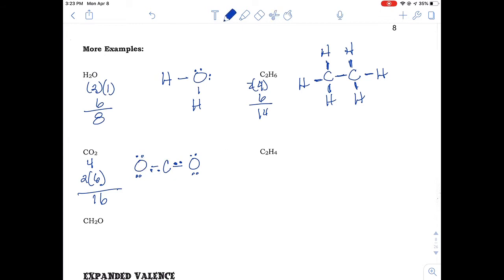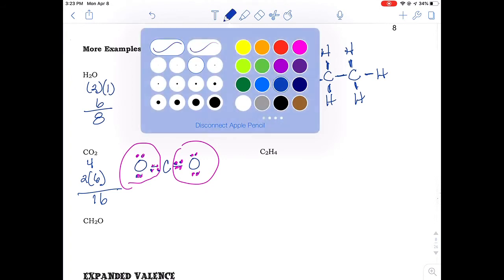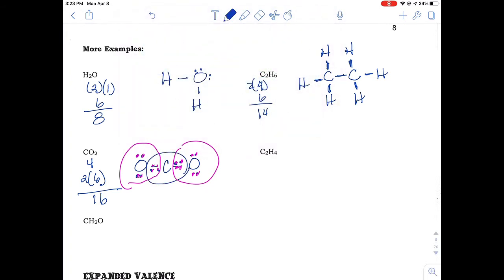So now let's count. 2, 4, 6, 8. 2, 4, 6, 8. Each carbon has 8. 2, 4, 6, 8. Each oxygen has 8 and the carbon has 8. This is the way you draw your Lewis structure. Do you have to put the electrons at those angles on the oxygens? No, I'm just doing that because I know what it's going to end up looking like.